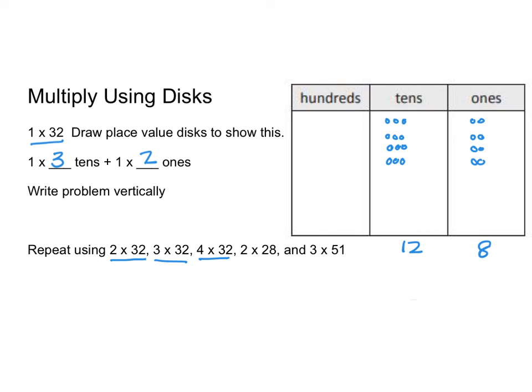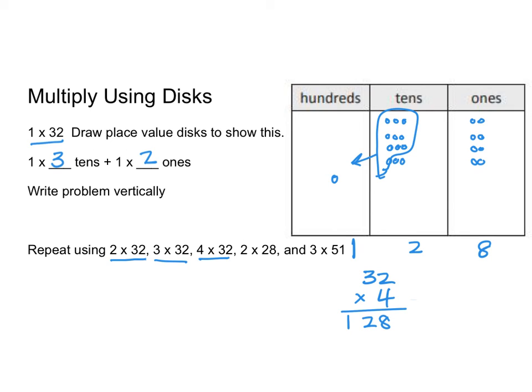We could take 10 of those tens, move them next door to make 100. So then we would have 100 and 2 tens left over and 8 ones. So if we were to write that in the vertical format, then we would have our answer of 128.